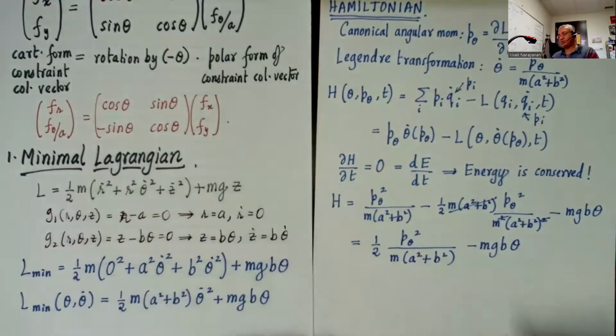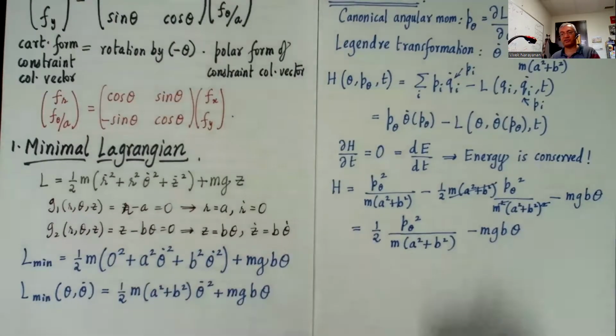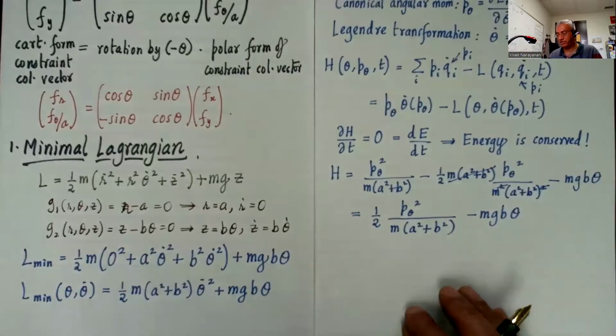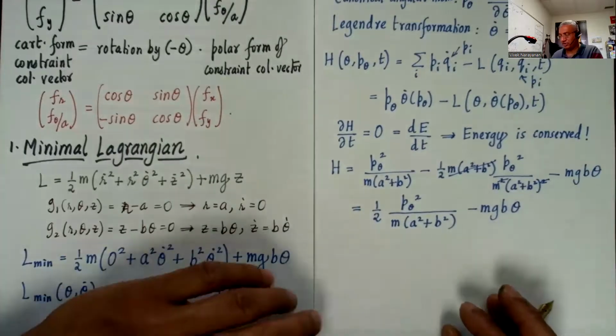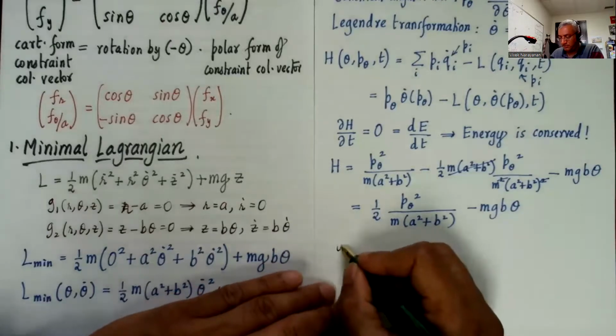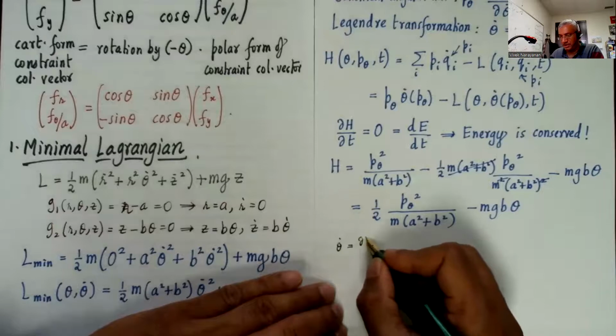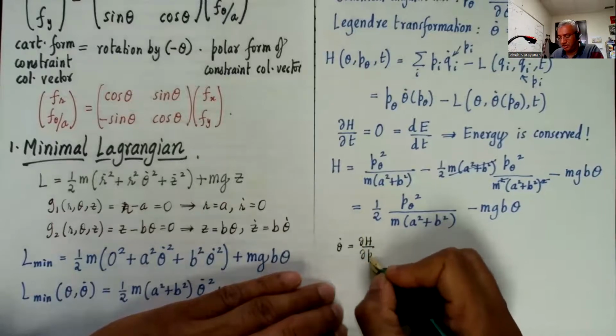Now we can write Hamilton's equations. You all know the drill. The first half of Hamilton's equations reproduces the Legendre transformation, and the second half gives you the dynamics. I'll stop when something familiar results, because Hamiltonian methods is going to give us the same information. So the first equation, Hamilton's equation, is theta dot equals del H by del p theta.